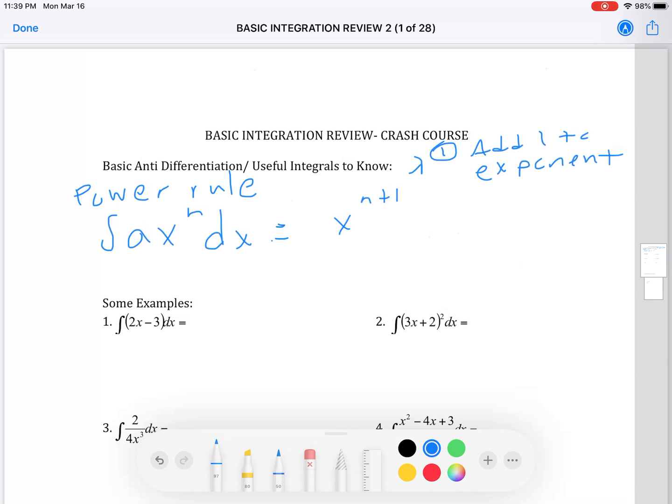And then we want to take the coefficient and divide by the new exponent. Not the old exponent, the new exponent. So I will put divide coefficient.